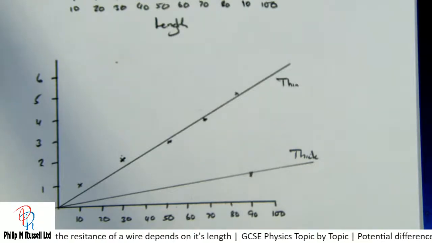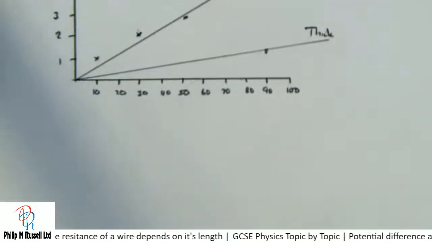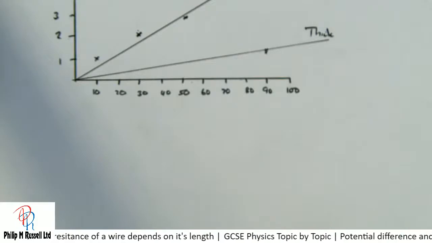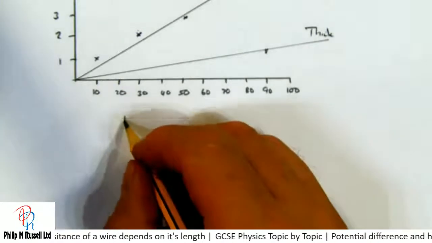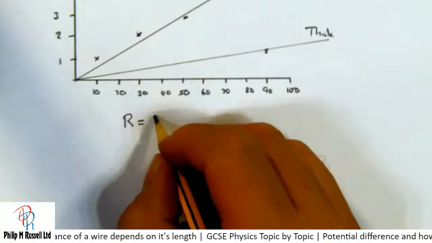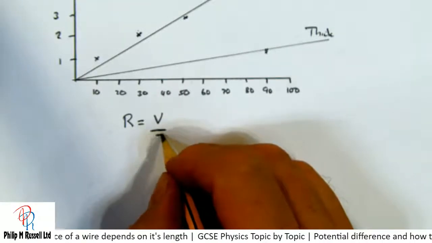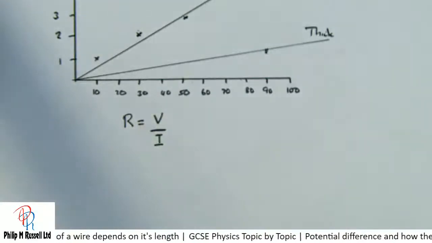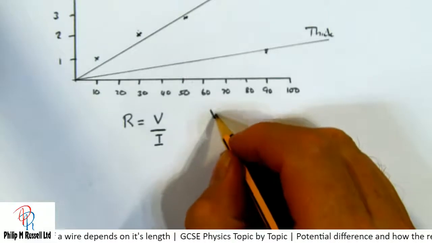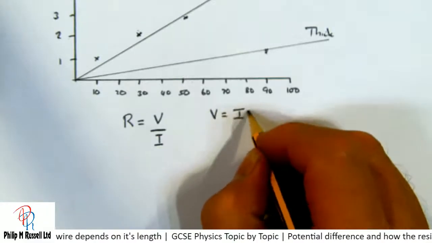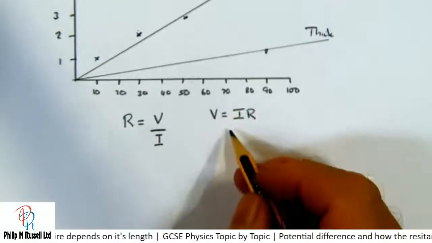And for our equations working out, we've worked out that our resistance equals the voltage over the current. I remember this as V equals IR. I find it easier to remember that.